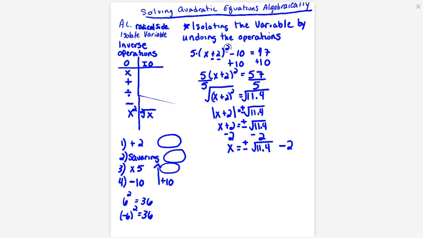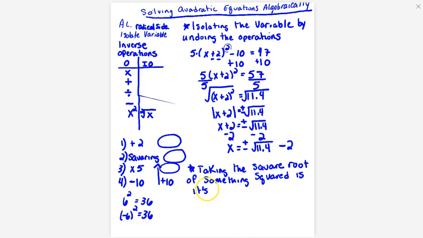Then I just want to go back and explain this: taking the square root of something squared is itself.